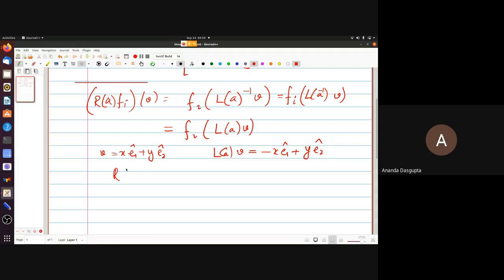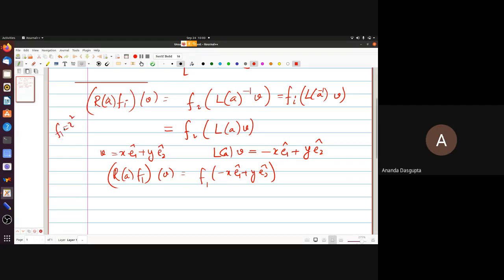So what does RA F1 acting on V give you? It actually gives you F1 acting on minus X E1 plus Y E2. But remember F1, F2, F3, we wrote them down.